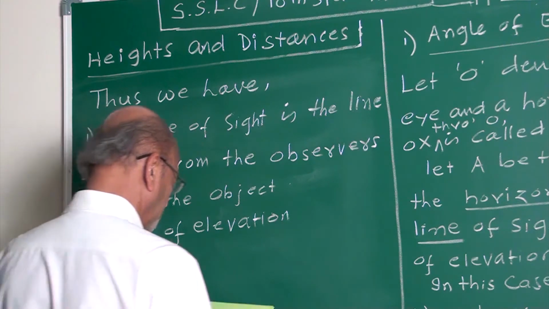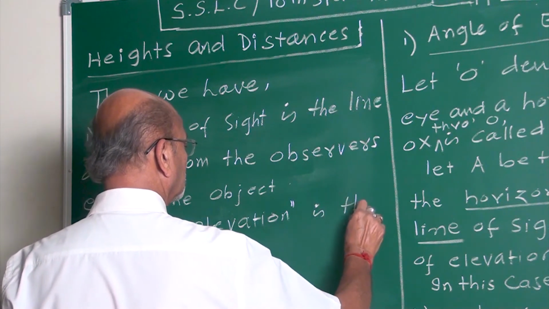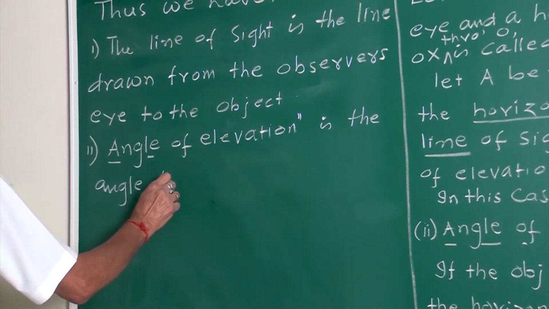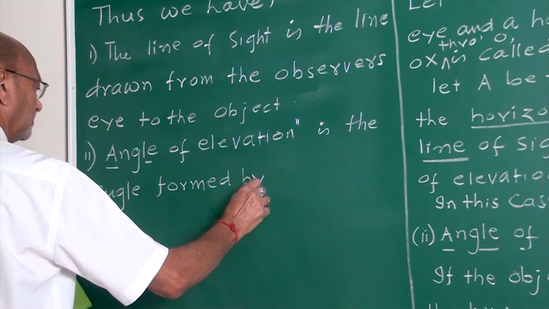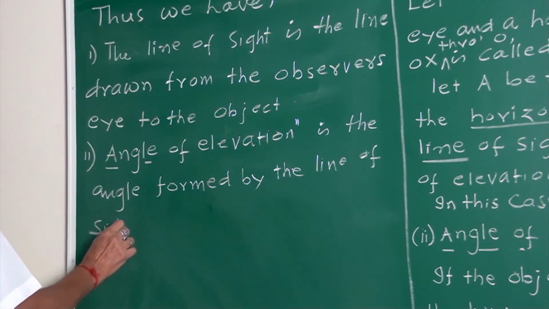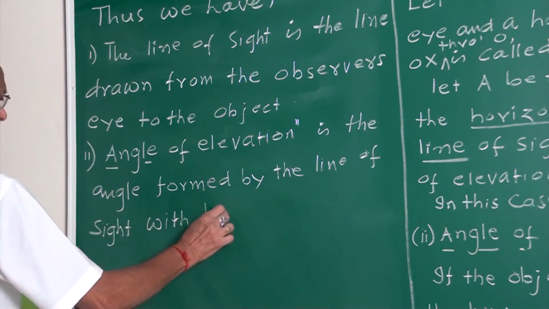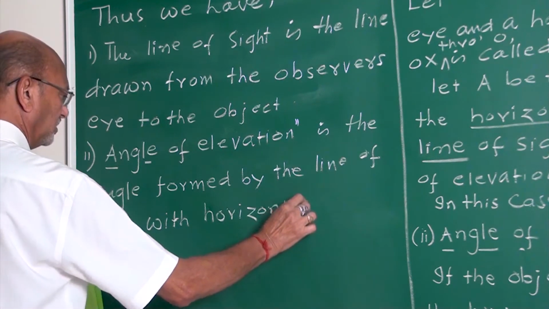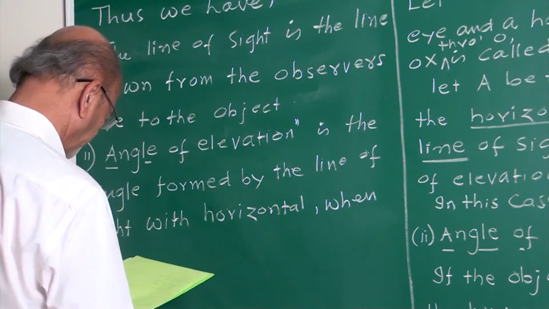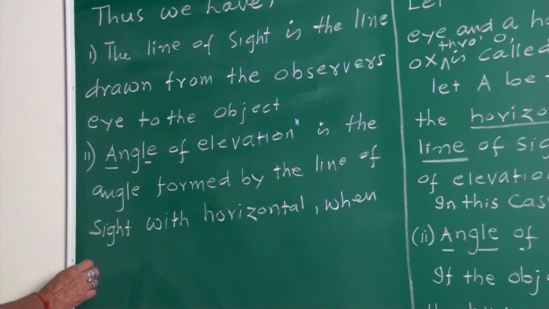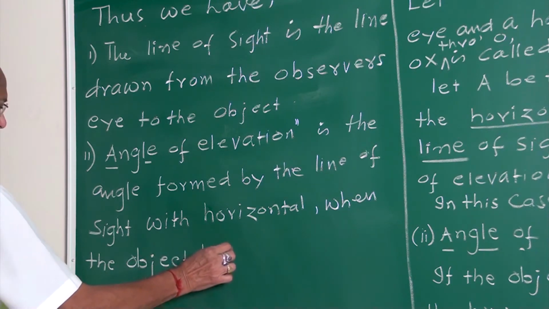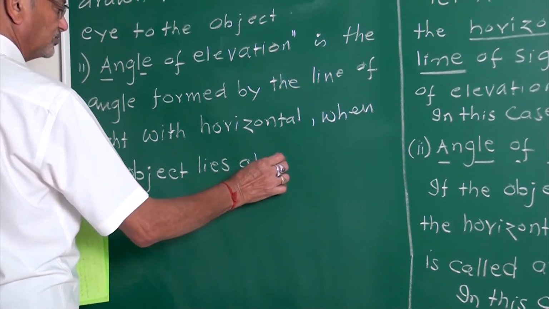Angle of elevation is the angle formed by the line of sight with horizontal, when the object lies above the horizontal.